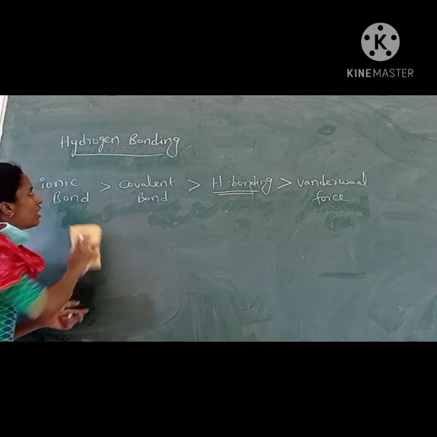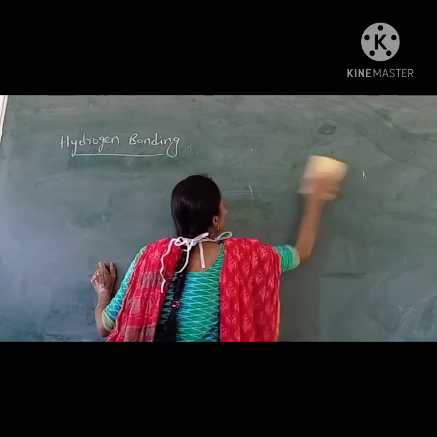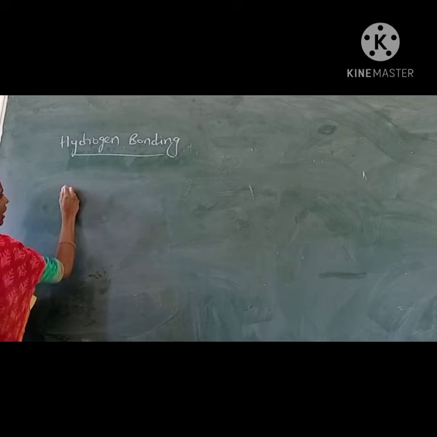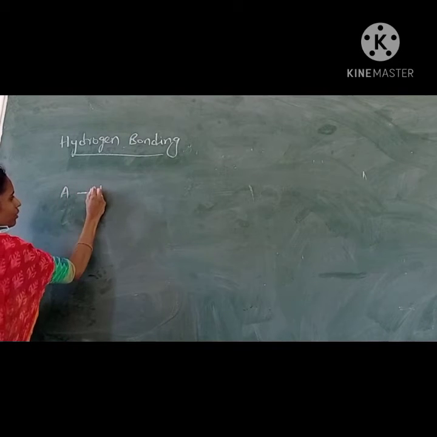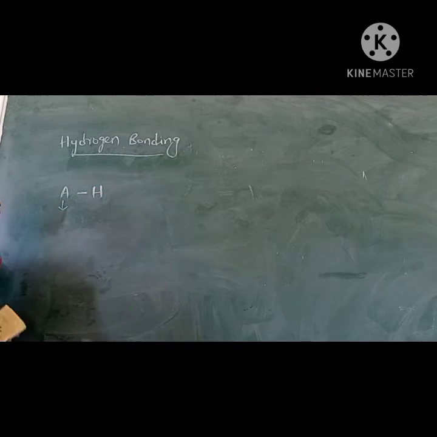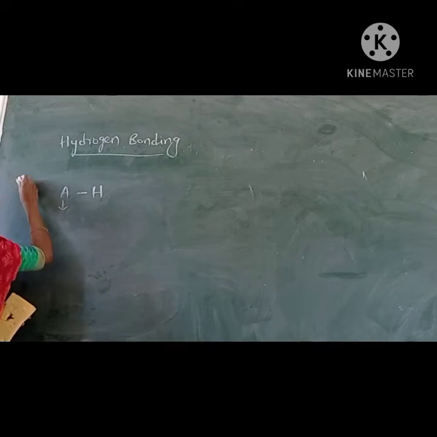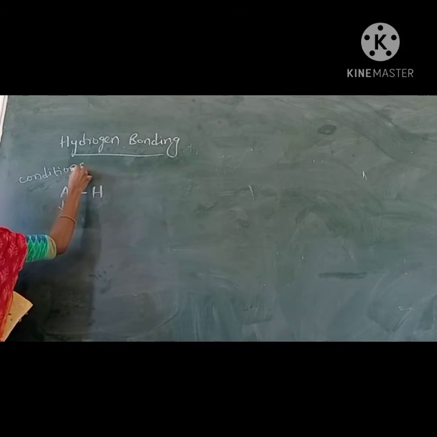Let us see the hydrogen bonding. Suppose A is attached with the hydrogen. There are some conditions for the formation of hydrogen bonding.